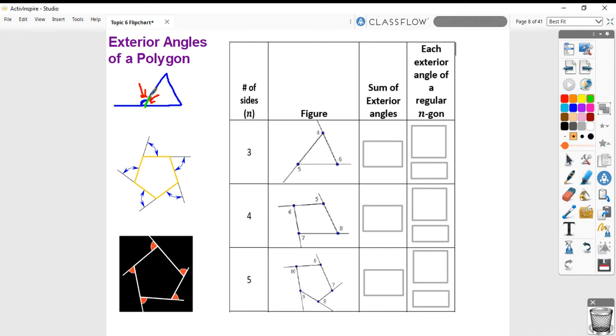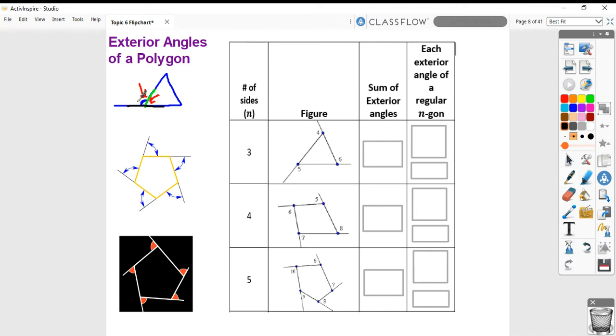Those two angles both have this part in common, but then this other part that they don't share, right here and right here, forms a straight line when you put them next to each other. Now, we also know that in a straight line, a straight angle is 180 degrees. What that means is that this angle right here plus this angle right here equals 180 degrees.